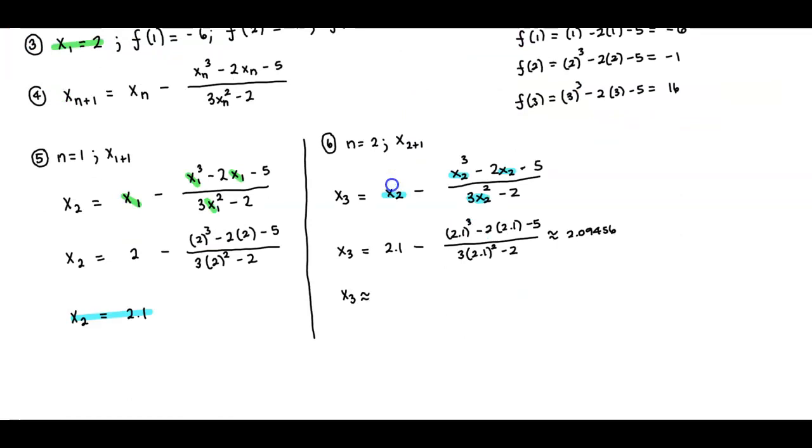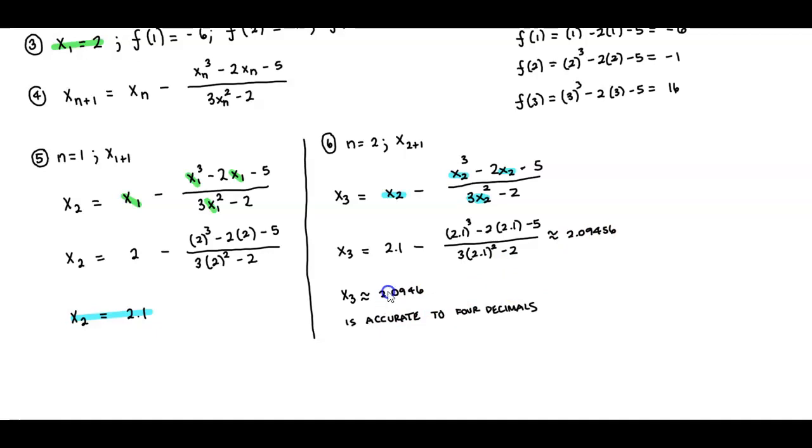So it's going to be 2.0946, which is accurate to 4 decimals. Okay, and so therefore we can see what x subscript 3 actually equals.